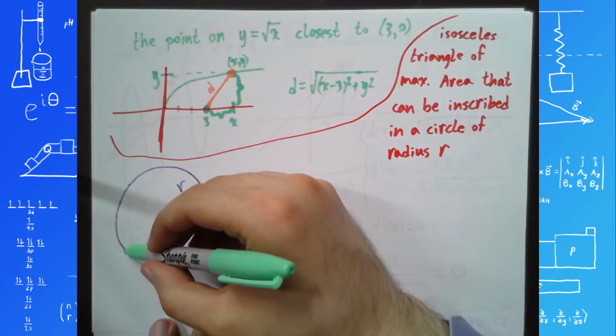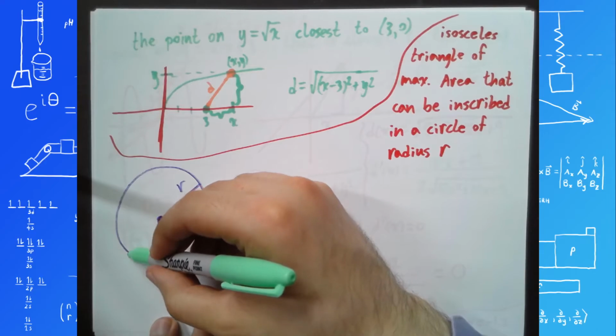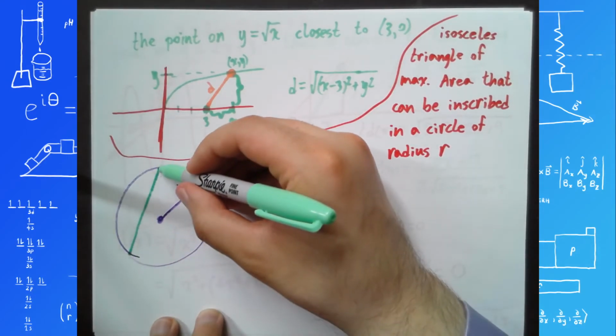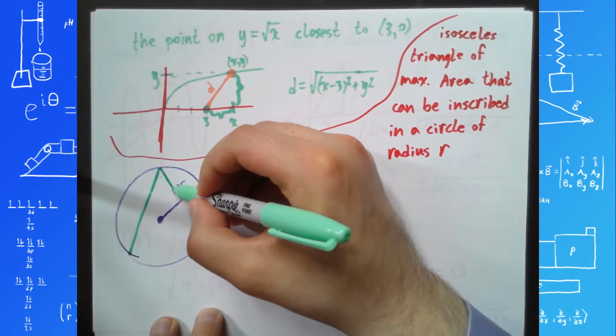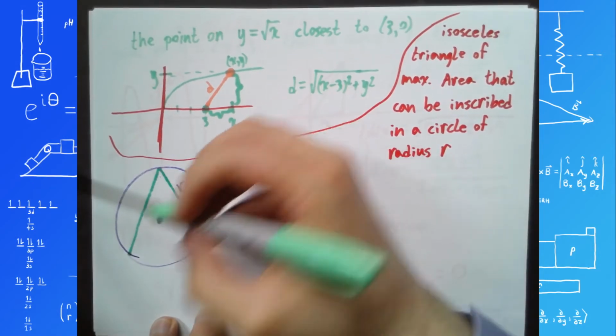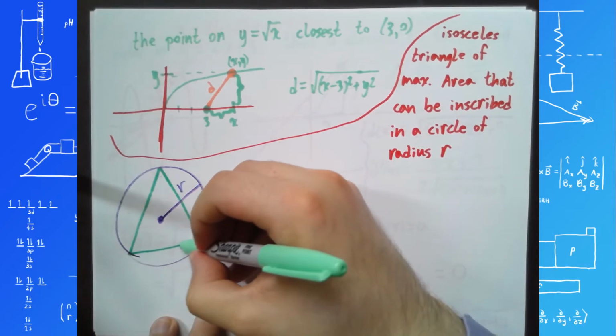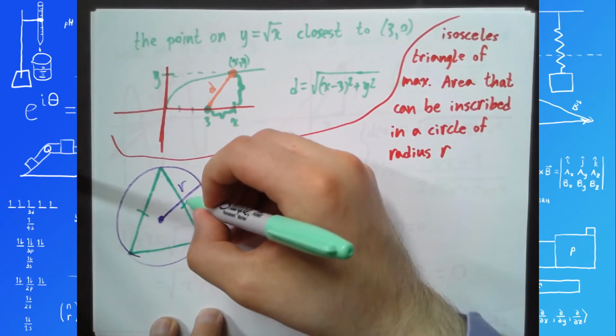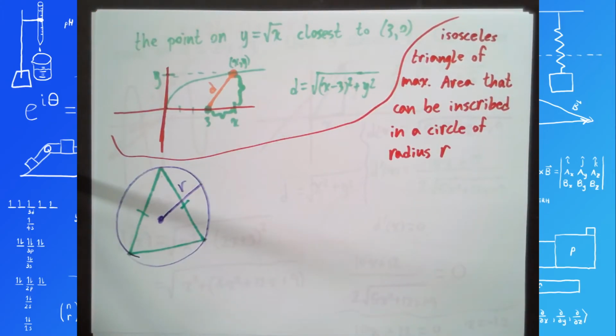I'm wondering if it would also end up being an equilateral triangle. I'm not going to assume that, but I have a hunch that's what it's going to turn out to be. But for now, I'll draw it not equilateral, just so that I don't mistakenly assume that it is.